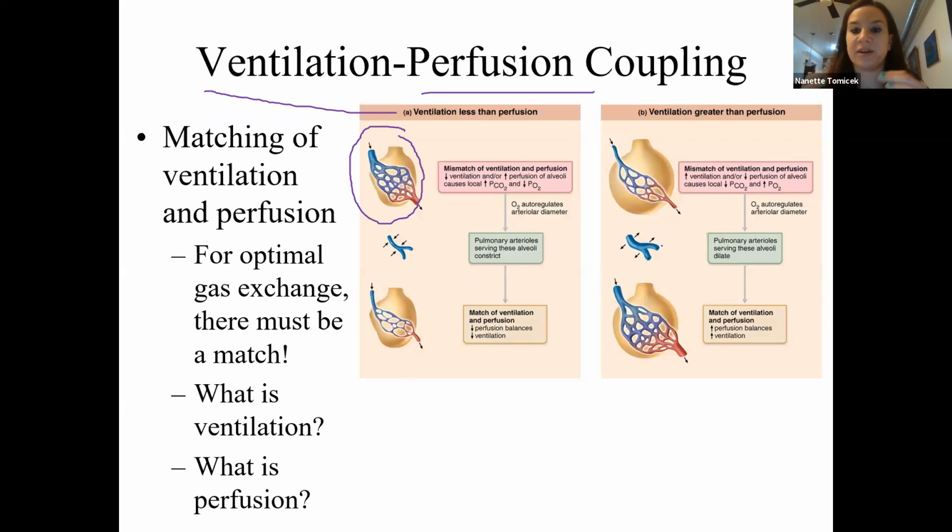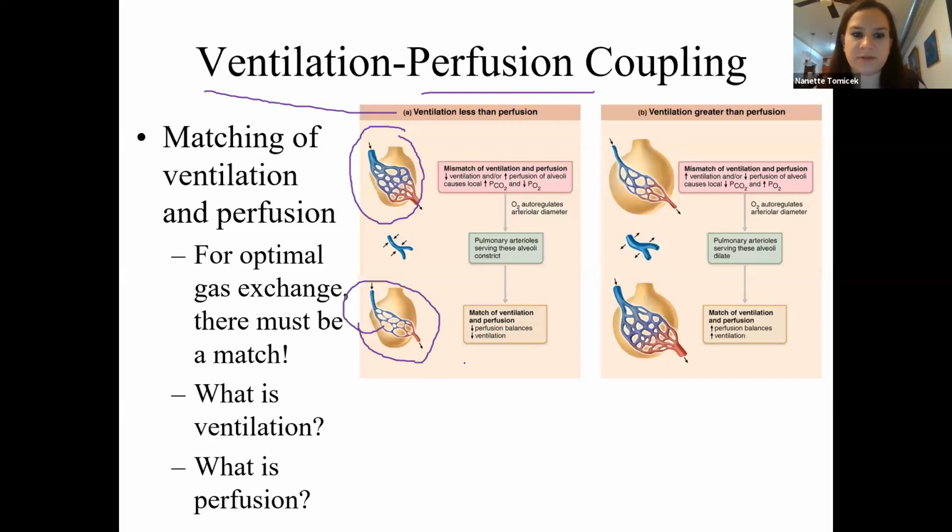We can't have a crummy little wilted capillary bed and then a big puffed up alveolus, or a kind of wilted alveolus and then a very engorged capillary bed. We have to match ventilation and perfusion so that as the red blood cells are moving through the capillary bed, they have the proper amount of time for diffusion to happen. So this is why we have to couple ventilation and perfusion, and this is why we have to match them.